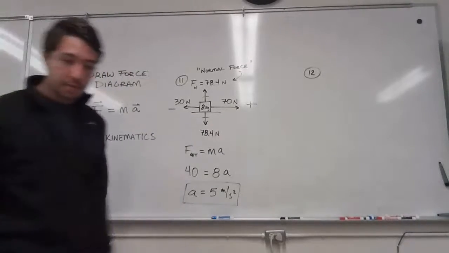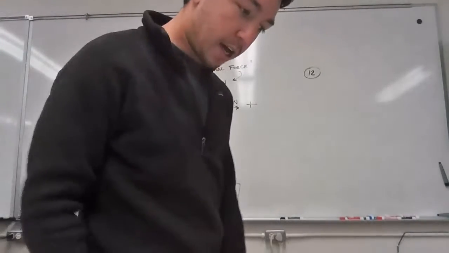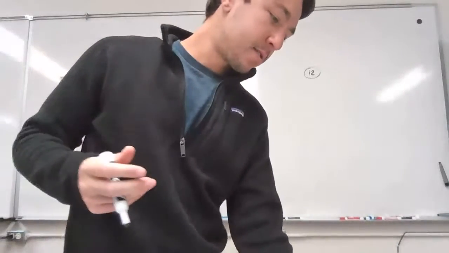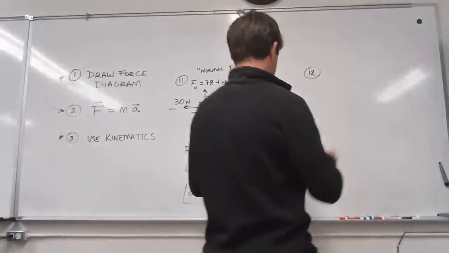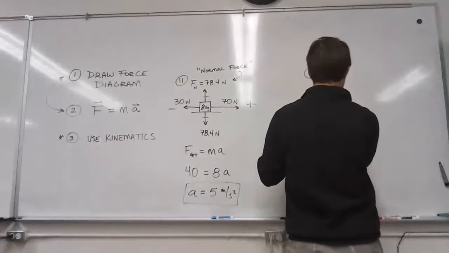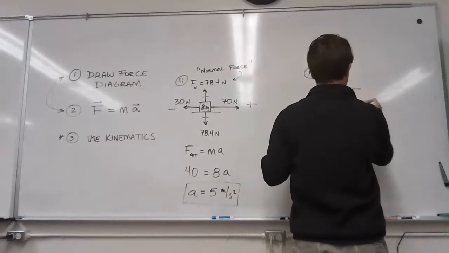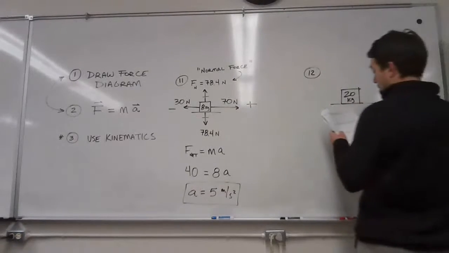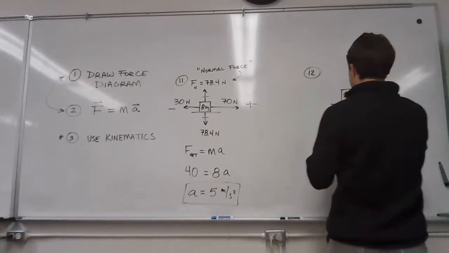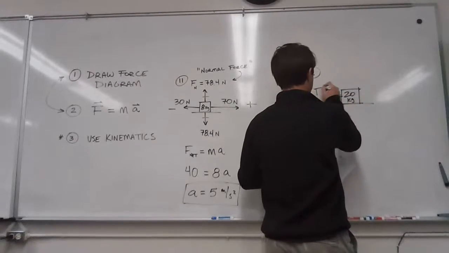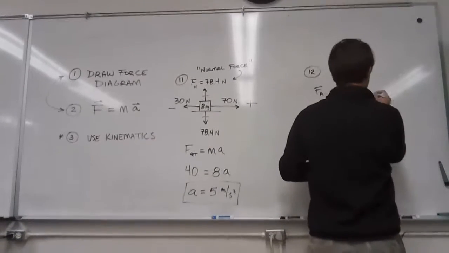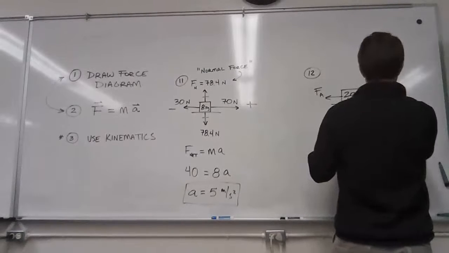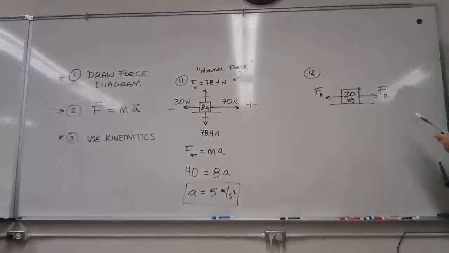Okay, 12 is similar. You got a 20 kilogram block at rest on a frictionless surface. Here's the block, 20 kilograms. Rope A pulls it to the left, so here's the force from rope A. And rope B pulls it to the right.